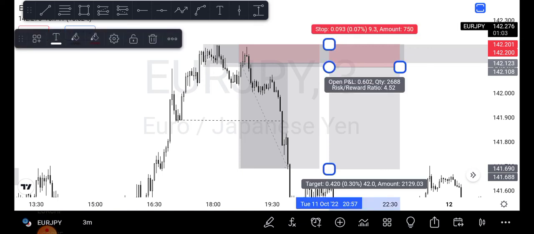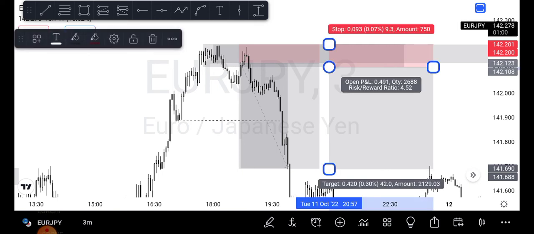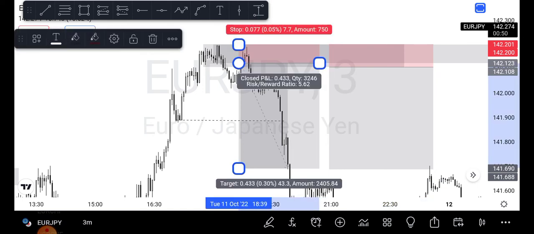Now I want you to focus on this risk to reward ratio that is written on the position tool. For using the whole zone, I have a 4.52 risk to reward ratio, while for using the order block, I have what, 5.26 risk to reward ratio.